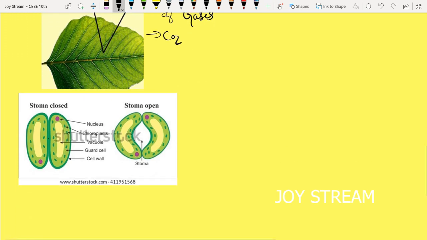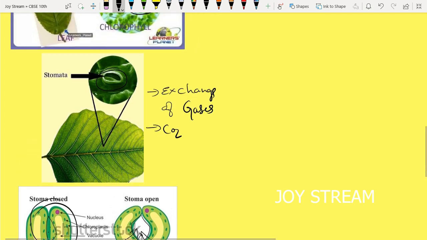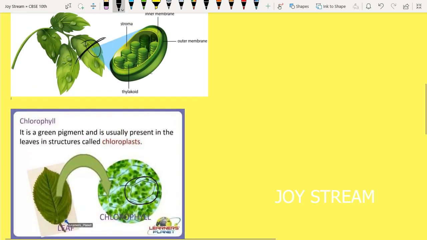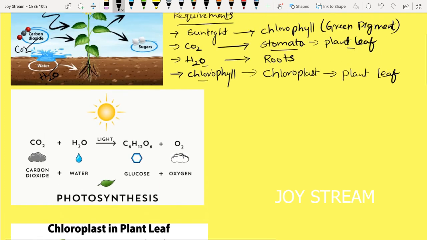Look at here, this is the closed stomata. Stomata is closed because no air or other gas enters through it, but this is open stomata where the carbon dioxide or other gases can enter. This is the use of stomata. It is useful for exchange of gases. It releases our oxygen and takes the carbon dioxide.